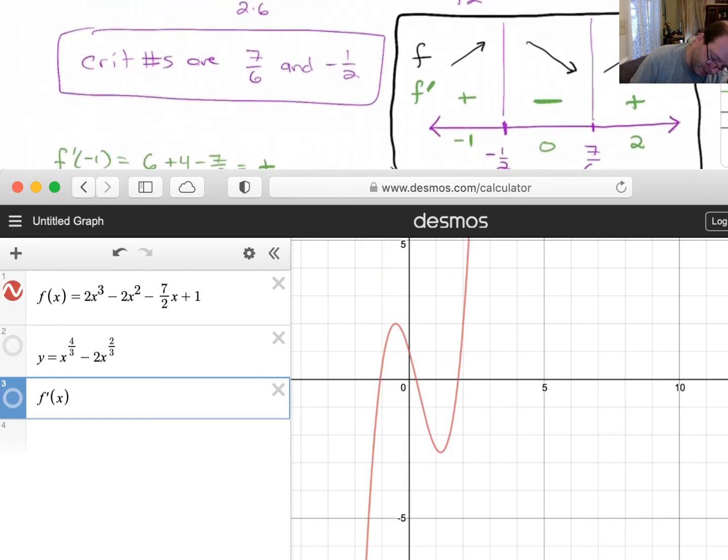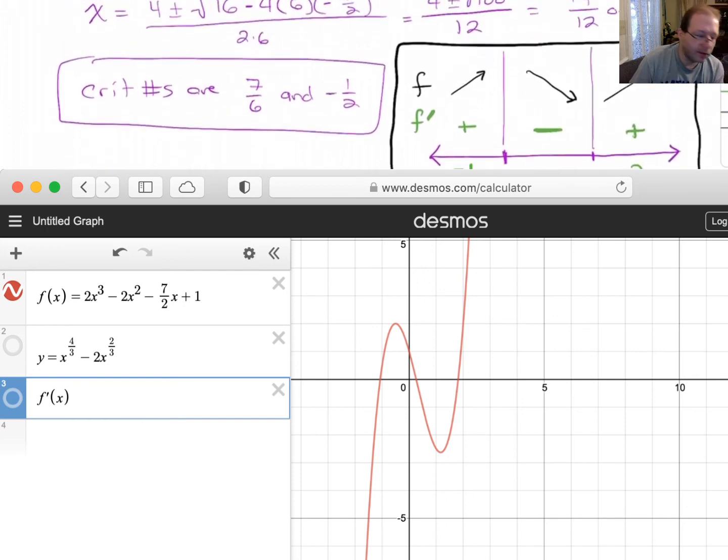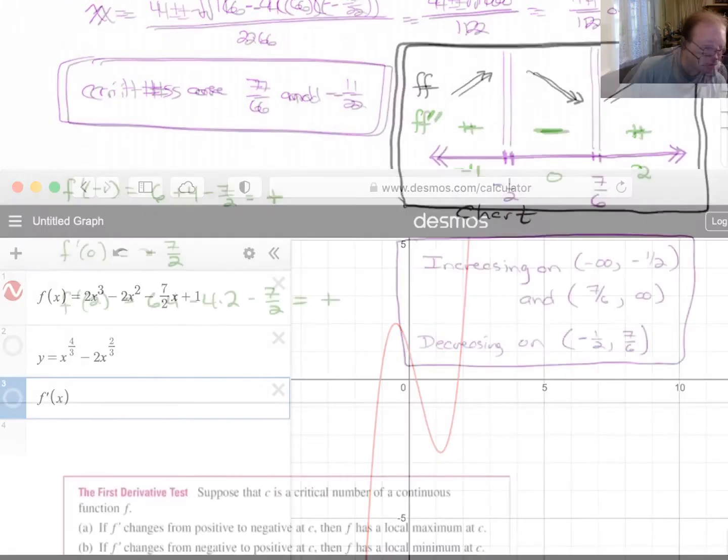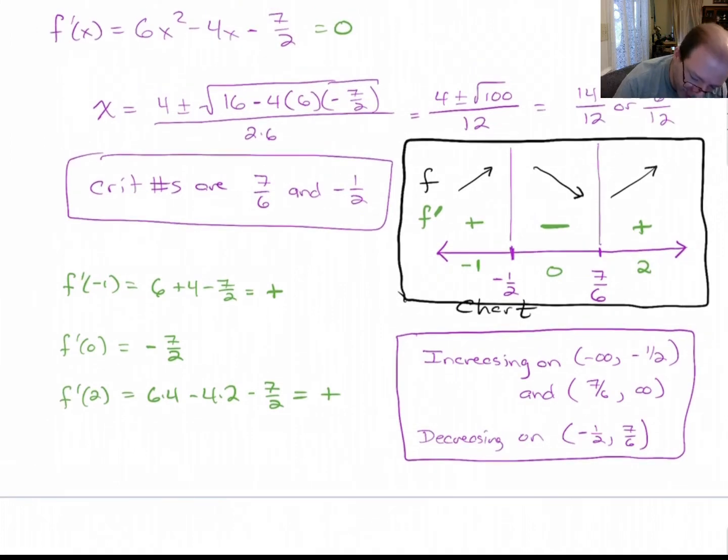And that leads us to what's called the first derivative test. Let me get this off of here so we can see it better. This gives me sort of an idea of what the function looks like.